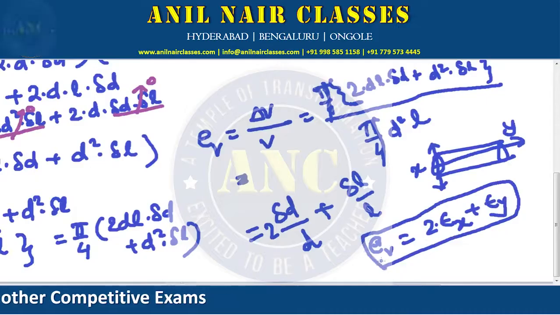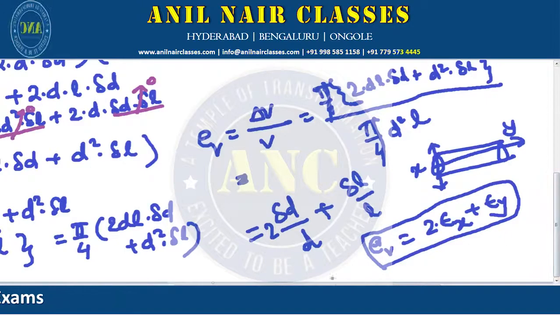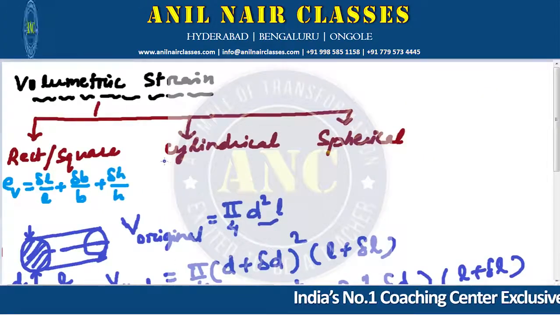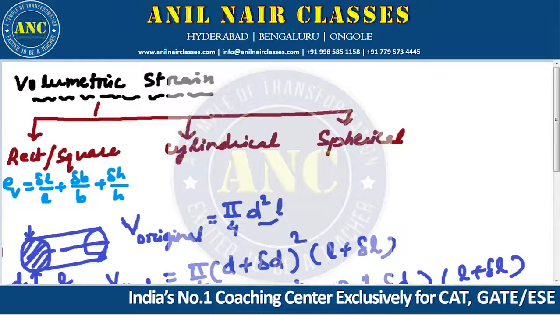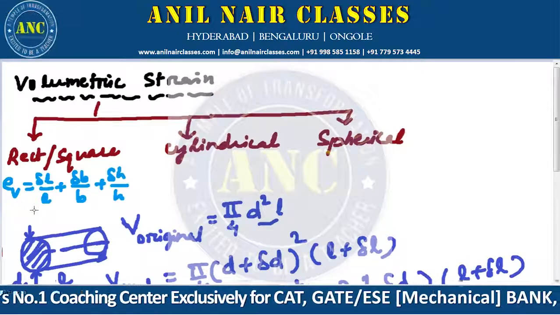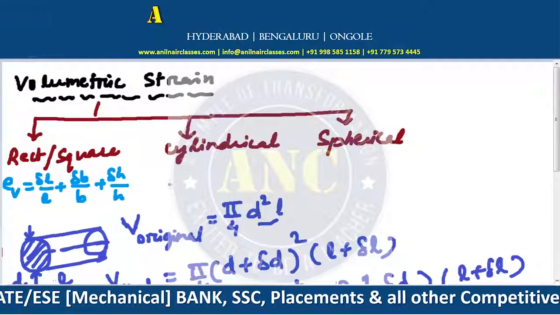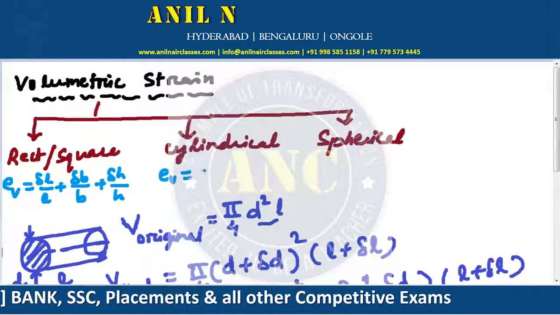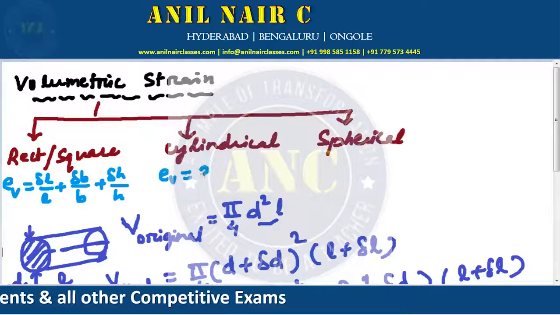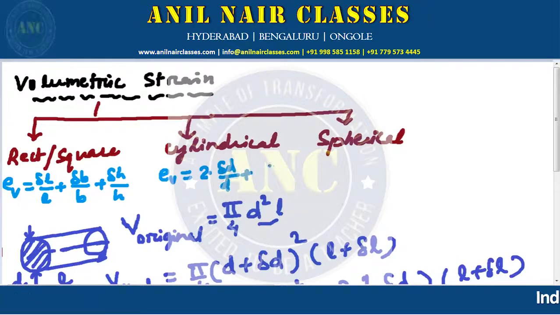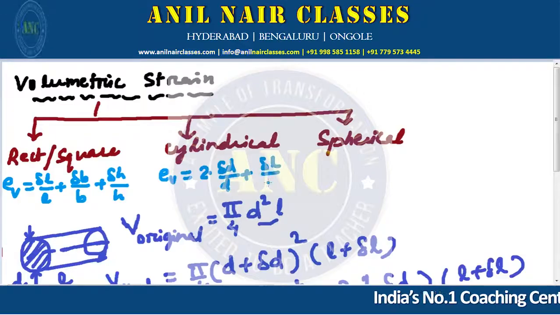This is the volumetric strain for cylindrical objects. So I'll write the same: the volumetric strain EV for a cylindrical object is 2 times delta d by d plus delta L by L.